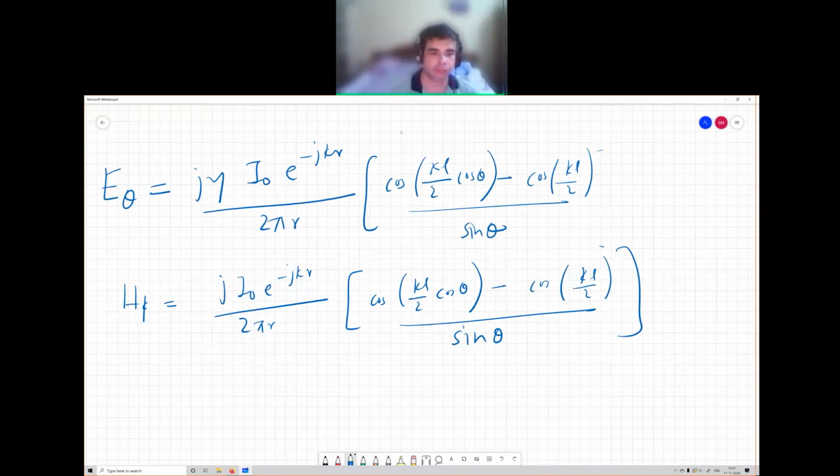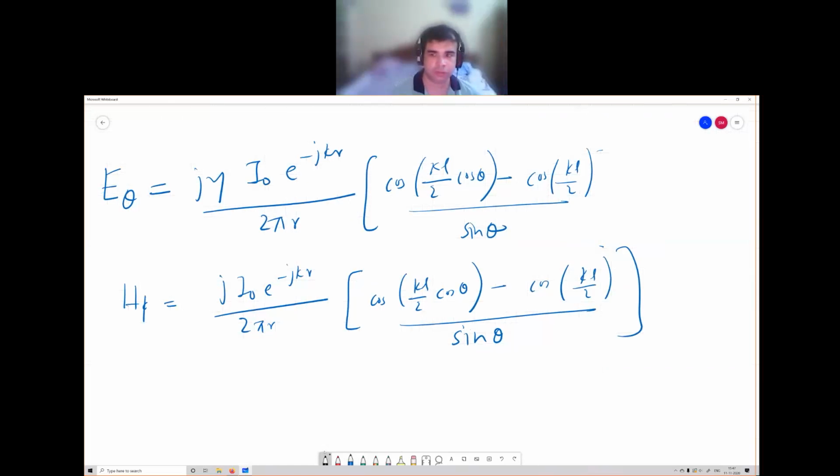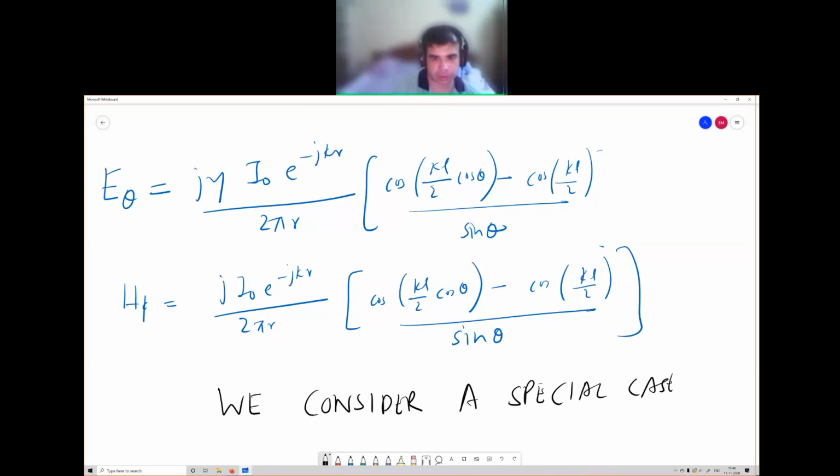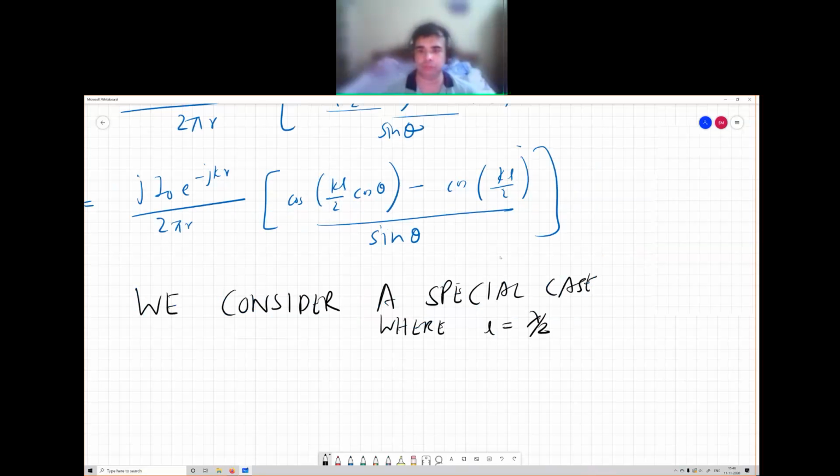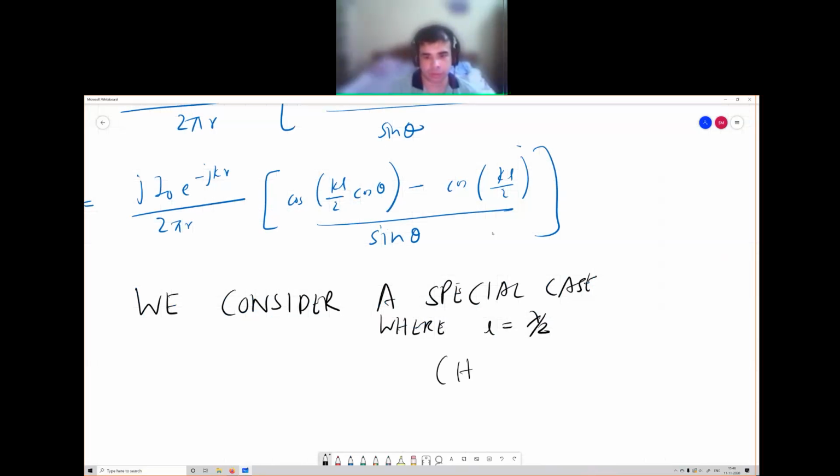Okay, now we consider a special case where L equals lambda by 2, or the half wave dipole.